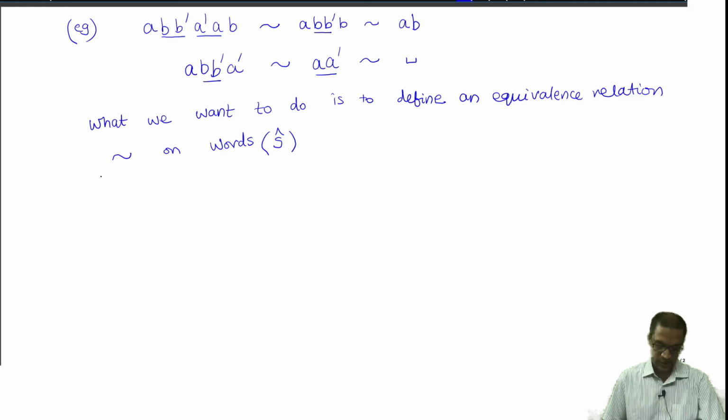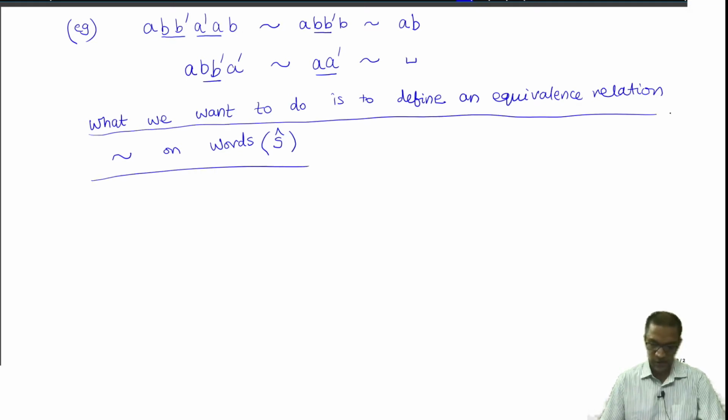Okay, so here's really what we are trying to do. Now the question is how to rigorously define such an equivalence relation. So we've already seen some of the requirements.